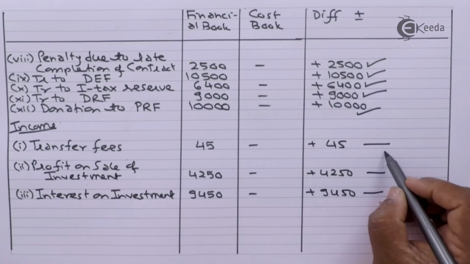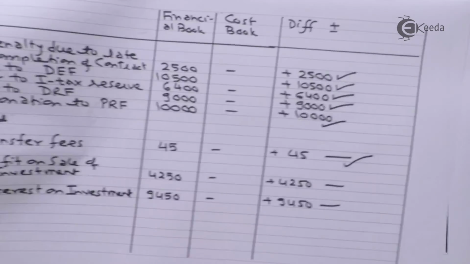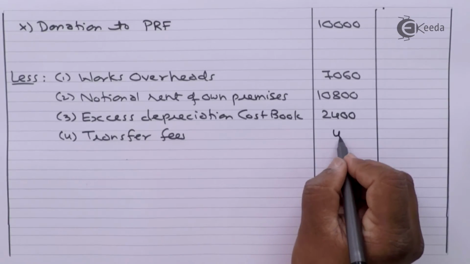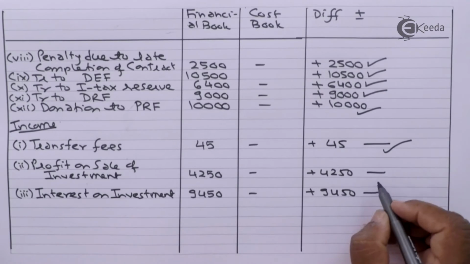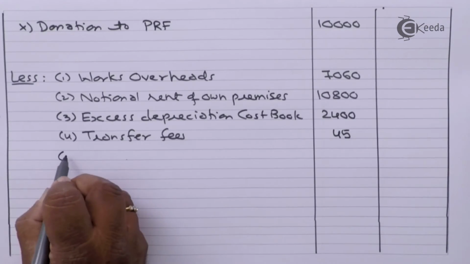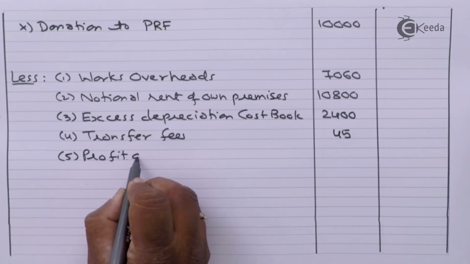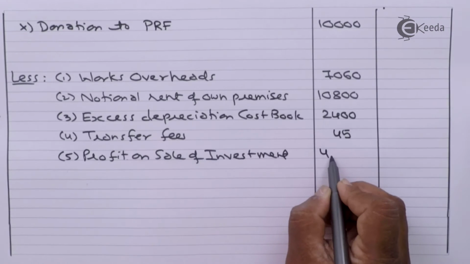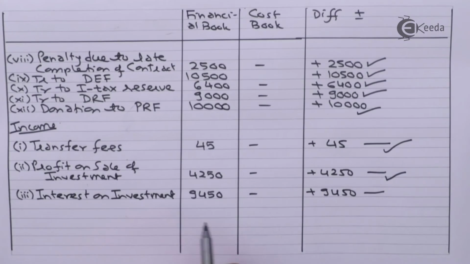Transfer fees 45 rupees. Profit on sale of investment 4,250. Interest on investment 9,450.